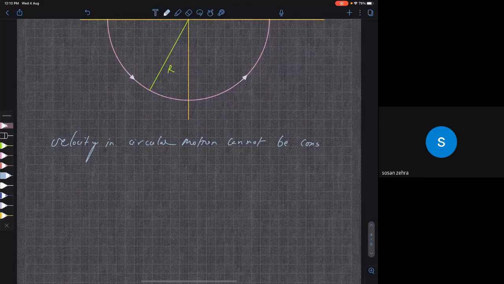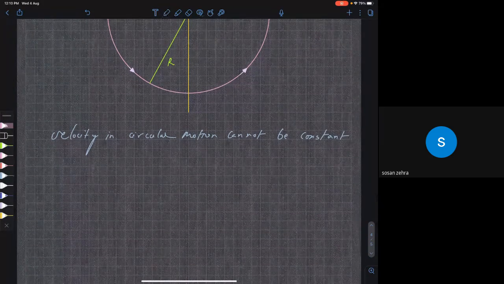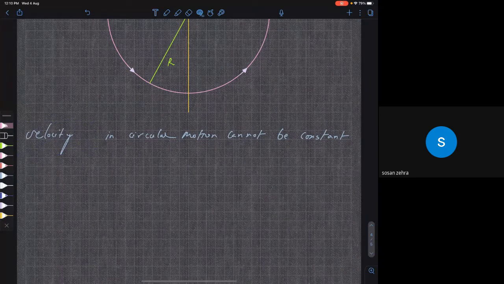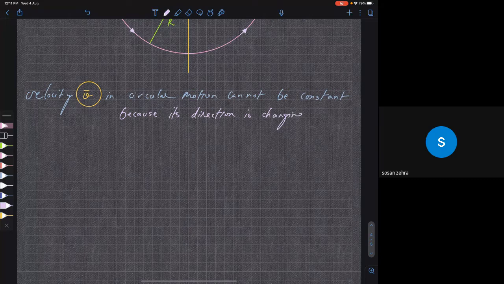Because its direction changes. So velocity v bar cannot be constant, because its direction is changing.